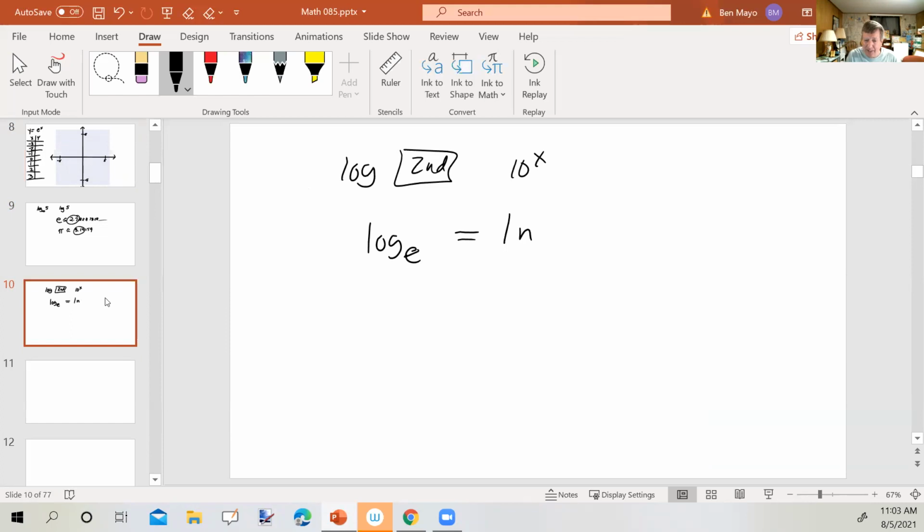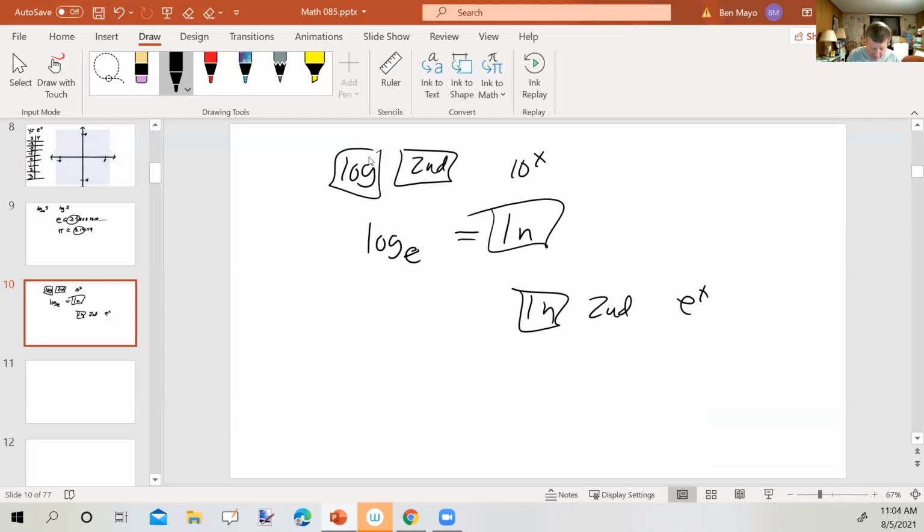So ln stands for natural log, which means log base e. On your calculator, quite close to this log button, there should be an ln button, meaning log base e. And the second function key of that should be e to the x. And that's the button that we're going to be using to make our calculations.